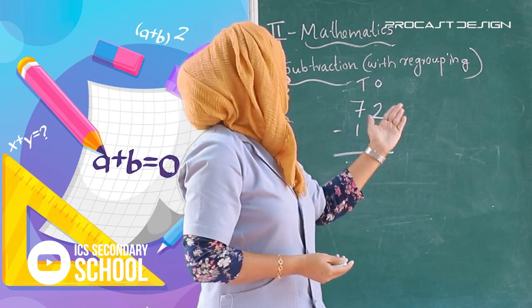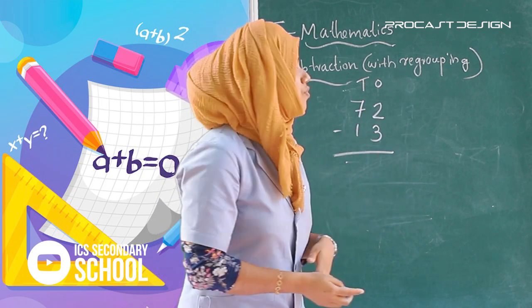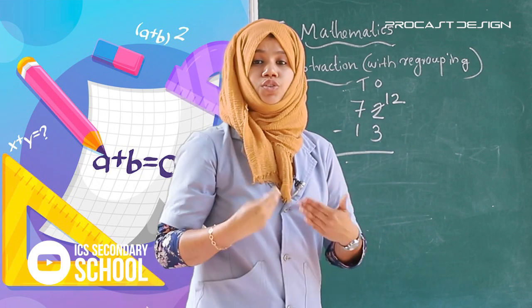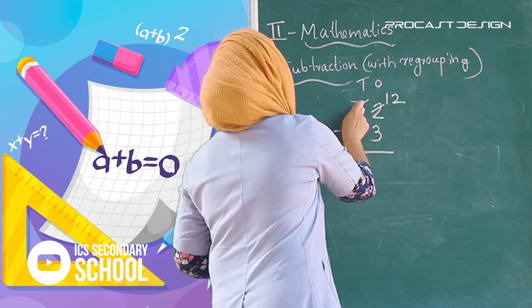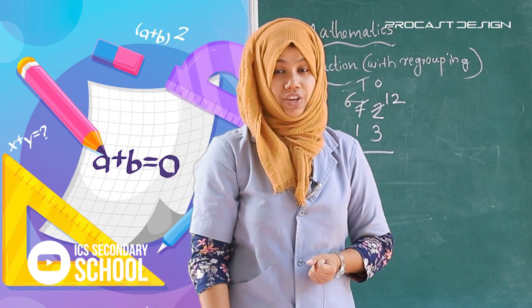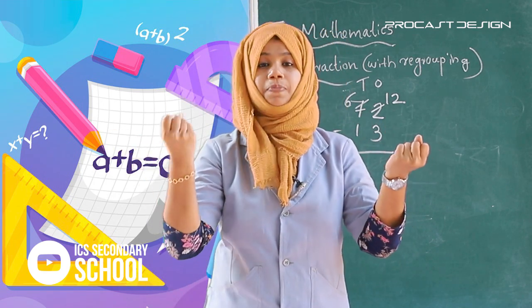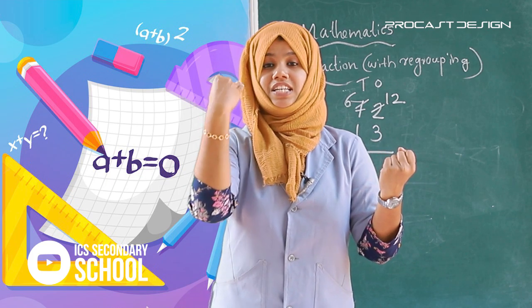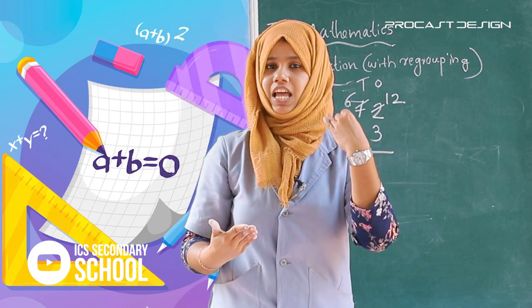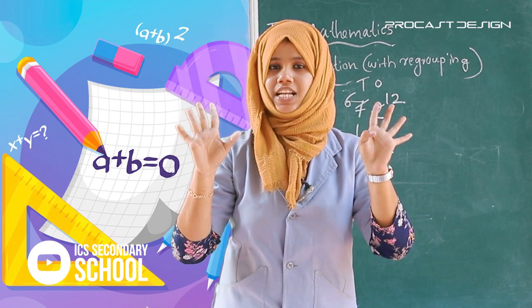So what will we do? We borrow 1 ten from here. So the 2 becomes 12 and 7 becomes 6. 12 minus 3: we can start counting after 3: 4, 5, 6, 7, 8, 9, 10, 11 and 12. Yes, we get 9.